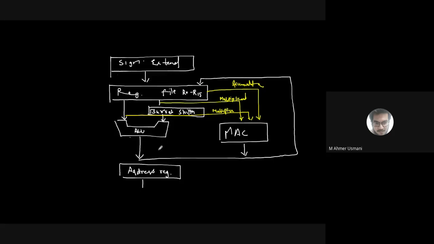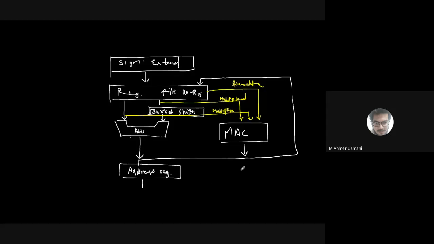So the result of ALU and the result of MAC will go back into some other registers. वो register कोई भी हो सकता है जिसमें अगर आपको store करना है. वो result उधर जाएगा और दूसरा जो होगा वो नीचे जाएगा address register में. From the ALU it can go into the address register as well.